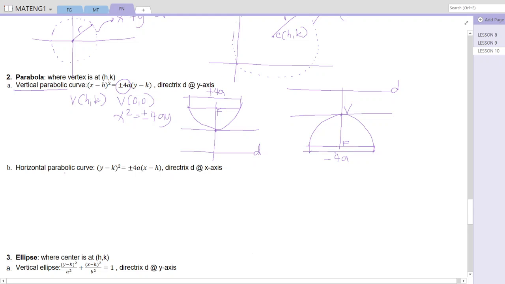And then for the horizontal parabolic curves, that open to the left or to the right: if the vertex is at (h, k), that is (0, 0), this one will be the vertex.